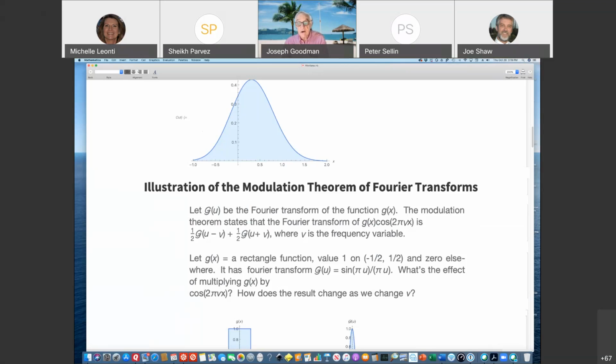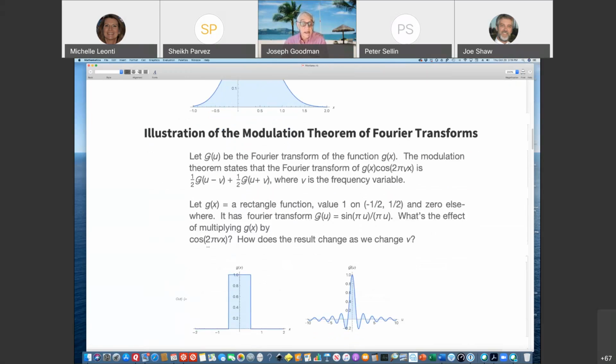And the modulation theorem states that the Fourier transform of our function g of x multiplied by cosine 2 pi nu x, where nu is a cyclic frequency, is 1/2 of G of u shifted by nu plus 1/2 of G shifted by minus nu, where nu is the frequency variable of the cosine.